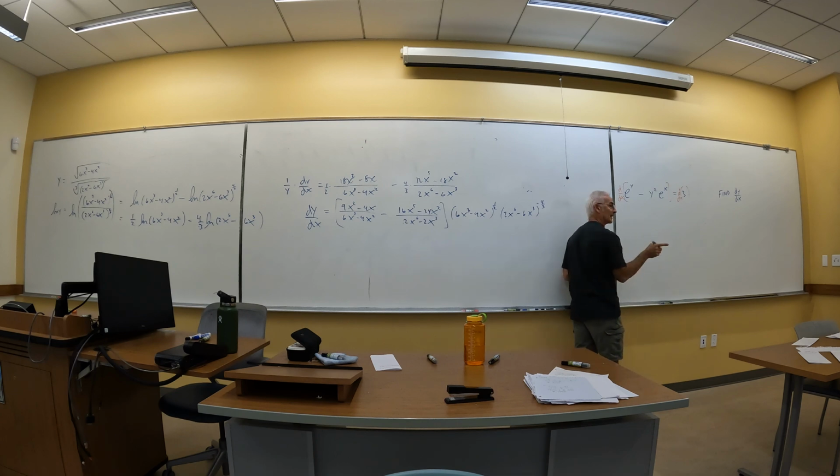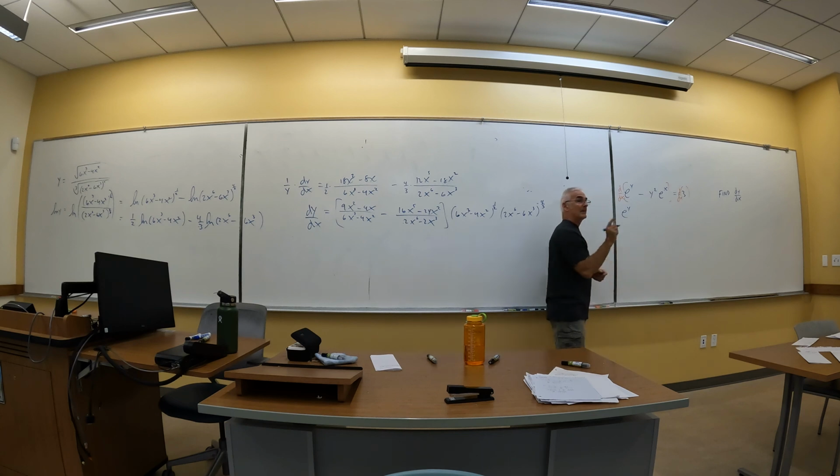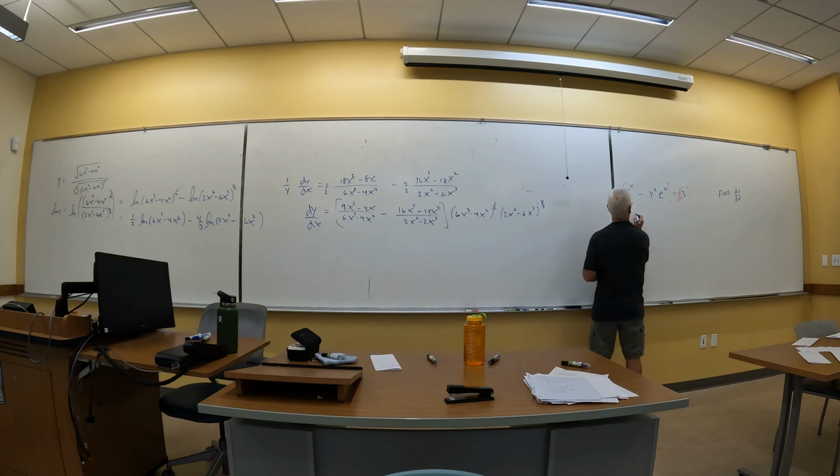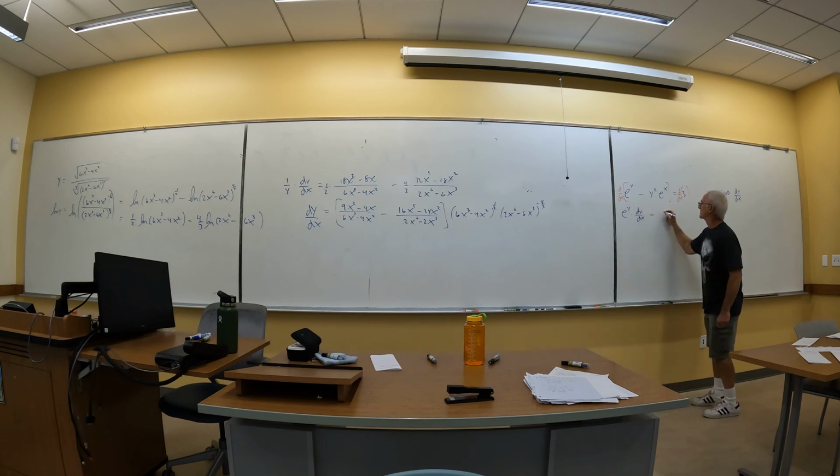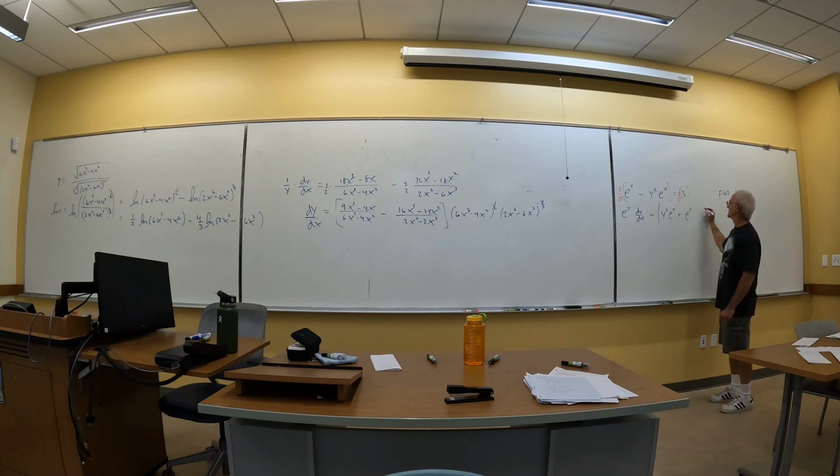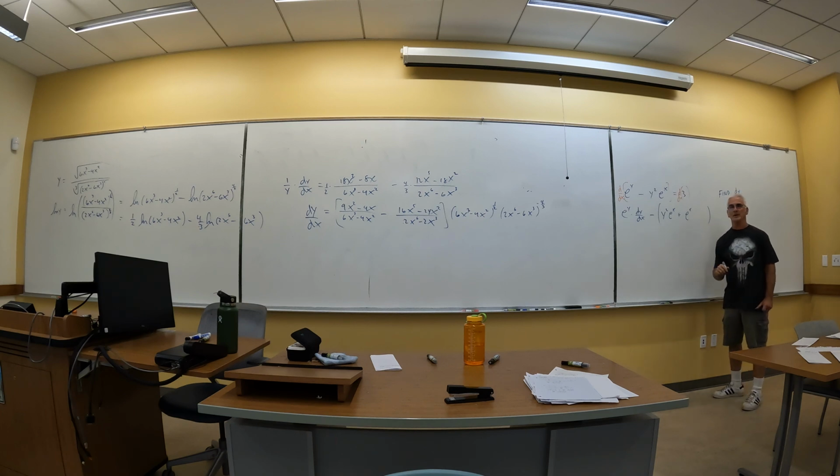It's e to the thing, so its derivative is e to the thing times derivative of thing, which would be dy/dx, exactly. Minus first times derivative of second, plus second times derivative of first, which would be 2y dy/dx.